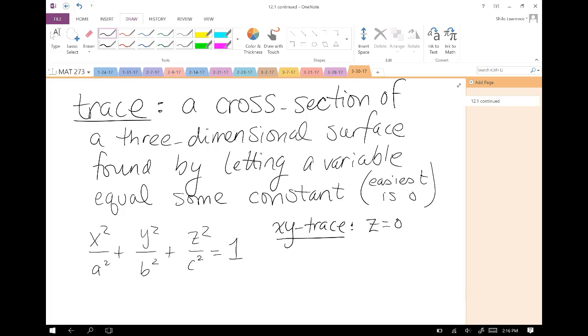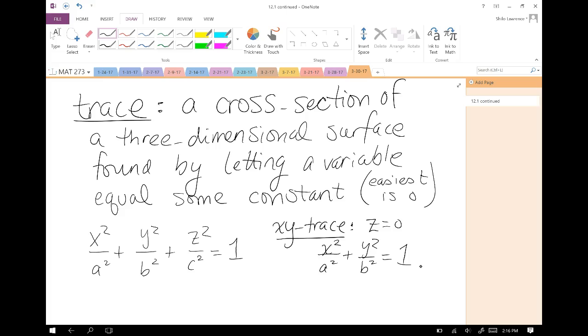So if I let z equal 0, we're left with a two-variable equation. We're just left with a two-dimensional curve. We're left with x squared over a squared plus y squared over b squared equals 1. And what is that? If we were to graph that, what would it create?